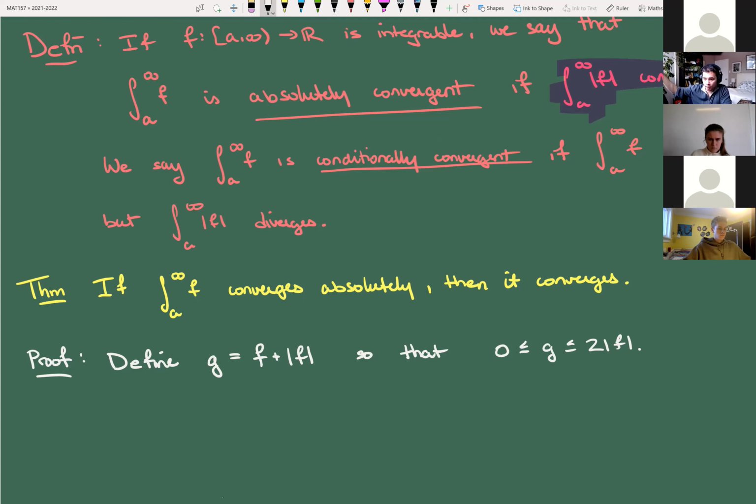So it stays very, very positive. Anywhere where f is negative, g is 0, right? Because if f is negative, then the absolute value of f is the same value but positive, and when you add them together, they cancel each other out, right? Does everyone agree? Yeah, exactly. And then the other inequality is because f is less than or equal to its absolute value. So this is true. And the great thing about this now is, boom, basic comparison test. So we know g converges, right?